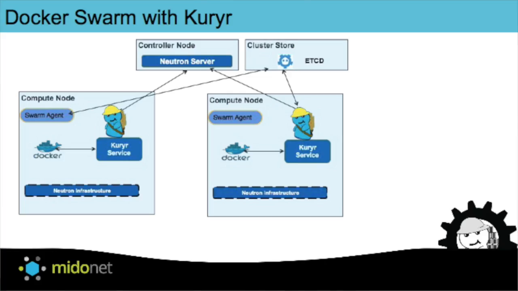So what happens is that on every compute node where you have the Swarm agent, you also have the Kuryr service waiting for Swarm to create containers, and then we also make sure that the networking for these containers works together with OpenStack.